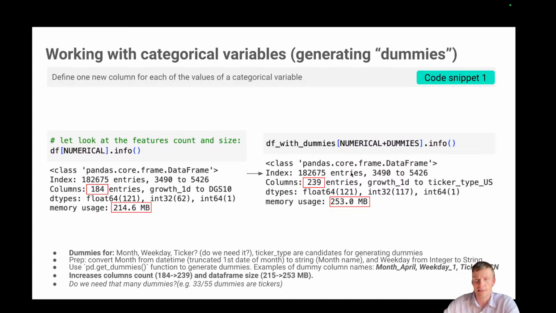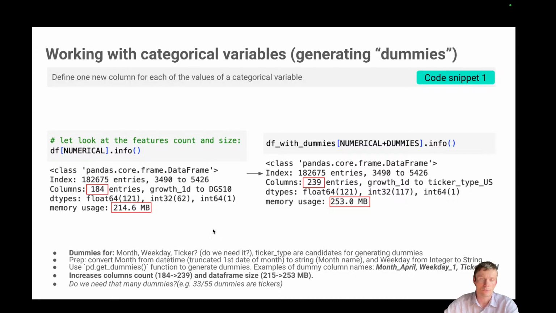Then if we generate additional dummies, that is approximately 60 dummies: 12 on months, 5 on weekdays, because trading is on 5 weekdays, 33 for each of the stocks, and 3 for the ticker types.